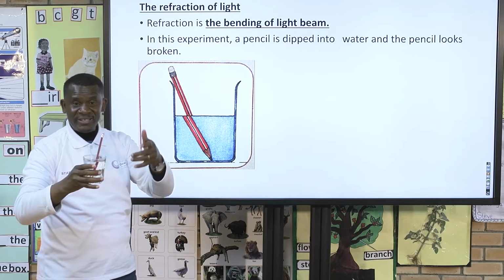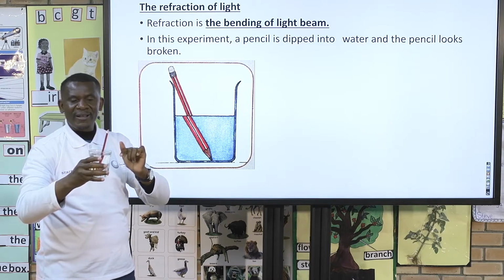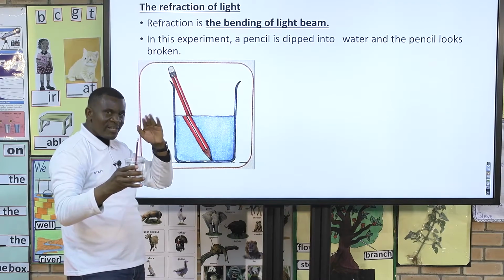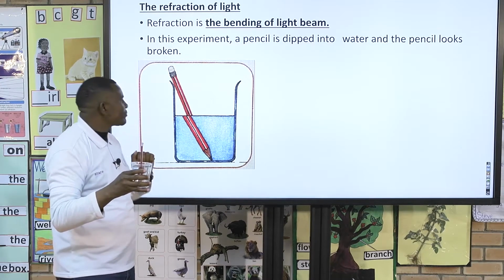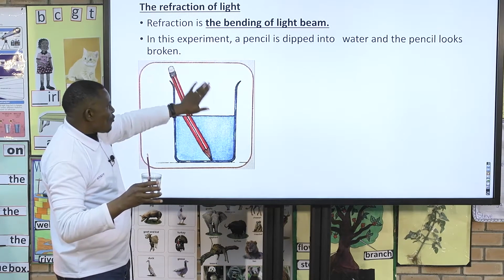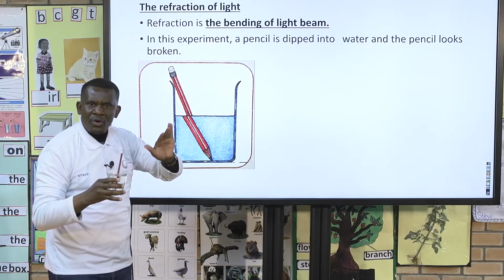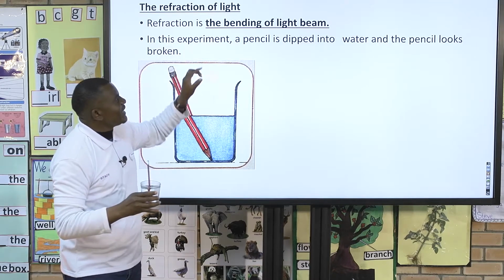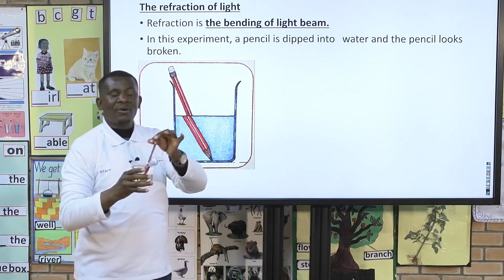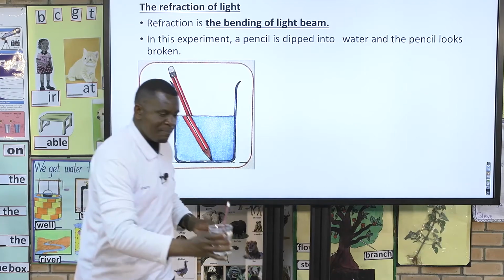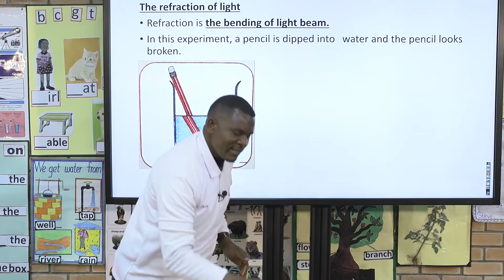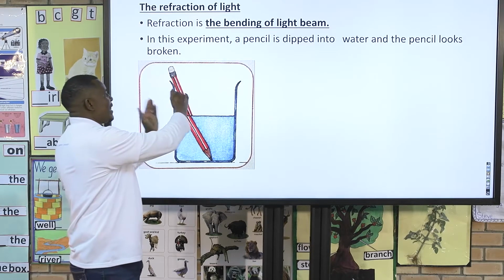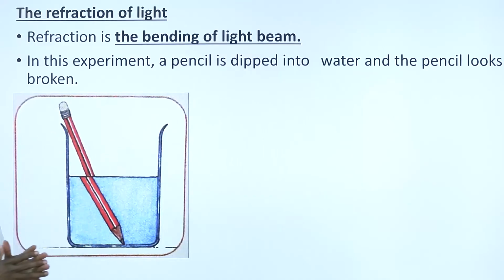If you are making tea, put your spoon there. You are going to see that the spoon looks like it is cut or broken. Now, what we have here is what we call refraction. Refraction is the bending of light. The pencil looks like it is broken because light is bending.